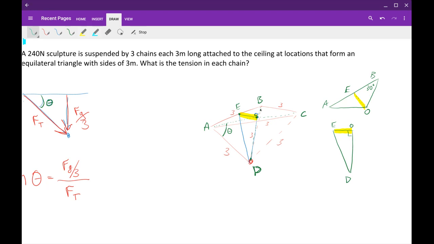Also, this AO and BO bisect the entire bottom of the tetrahedron.